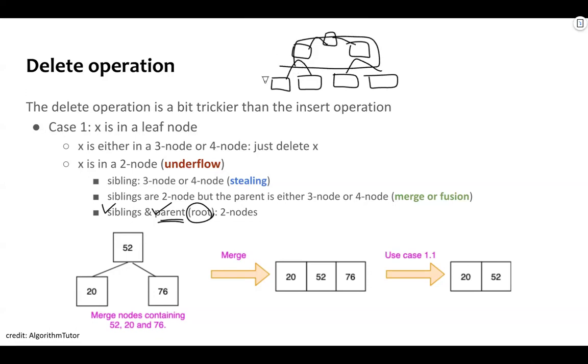And because we are inserting in this way, this case where siblings and parents are both 2 nodes can only occur when parent is root. In this case, we're going to just merge these three items and then delete 76 like this. So that is the deletion operation when X is in a leaf node.